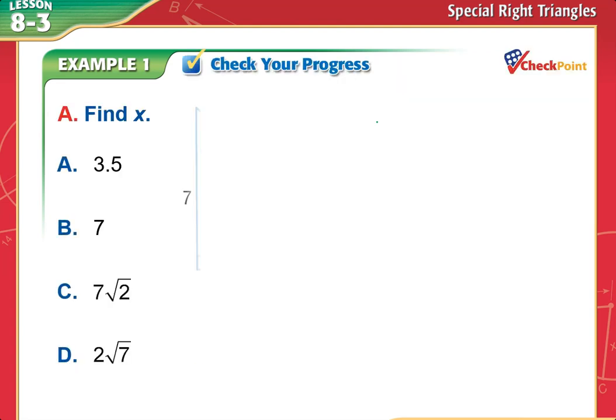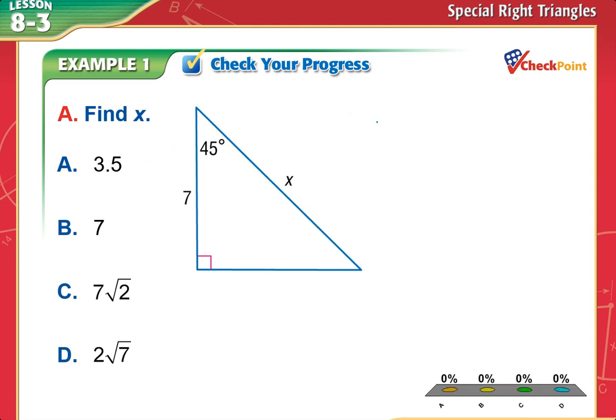All right, check your progress. Go ahead and pause your video and answer the question. All right, x ends up being 7 root 2. It's that easy as long as you remember that in our right triangle, the way Mathia did it, they called this x, and they called this x.